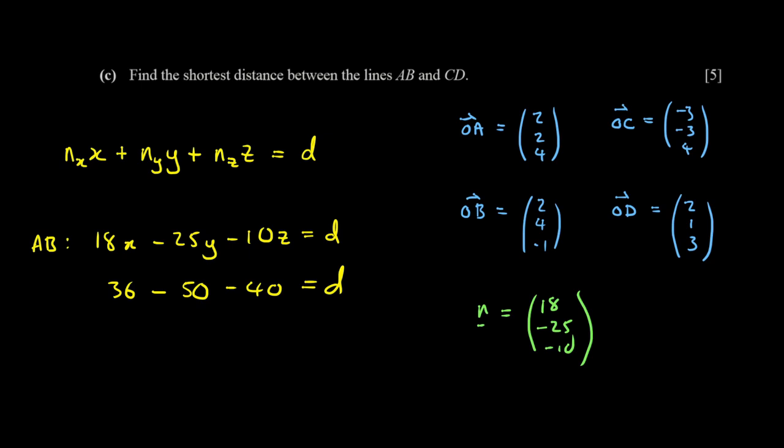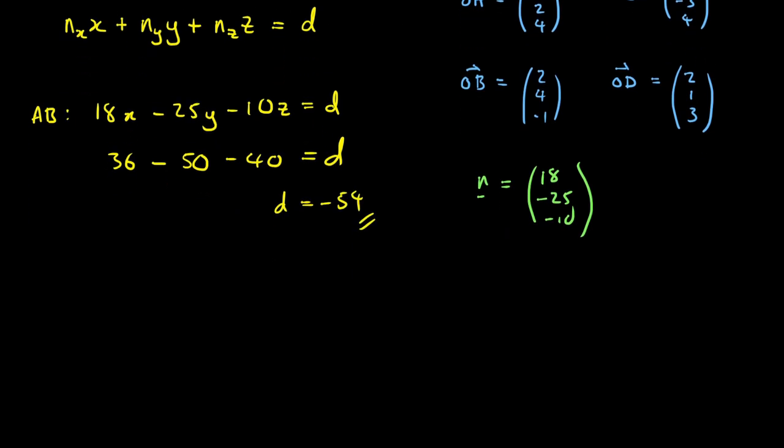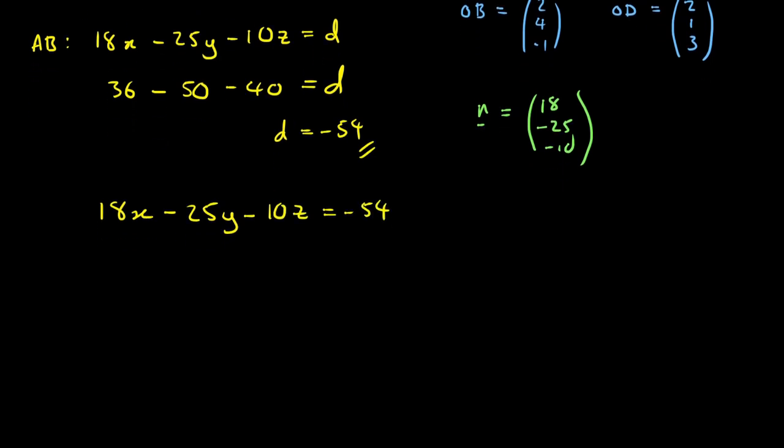If I add up all of that, I get negative 54. So d is equal to negative 54, and this particular plane which includes AB is 18x minus 25y minus 10z is equal to negative 54.